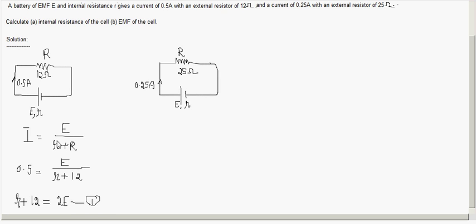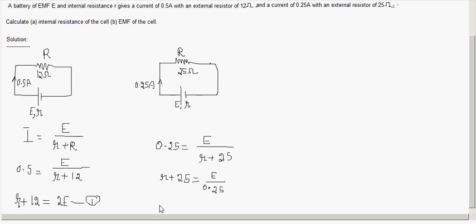Similarly, apply this equation to the second circuit. The current is 0.25, which is equal to E divided by R plus 25. Or we can write R plus 25 equal to E divided by 0.25, and 1 by 0.25 is 4.